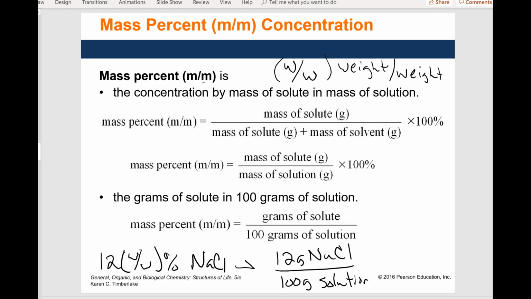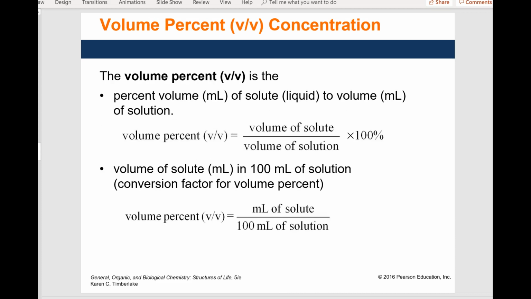Very similar to this weight percent idea is volume. Since we'll often be using liquids, we can use the volume, so liters or milliliters, as long as they're matching, to get a volume percent. And in that case, it's the volume of the solute over the total volume of solution times 100%.